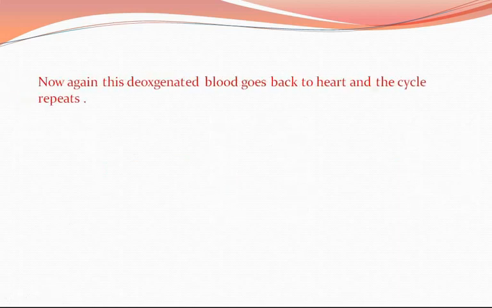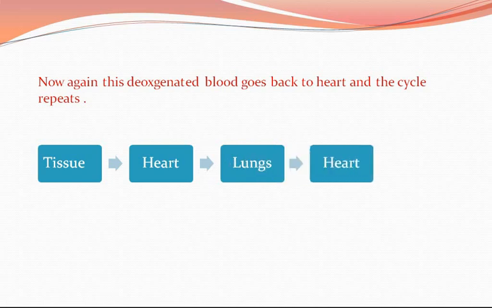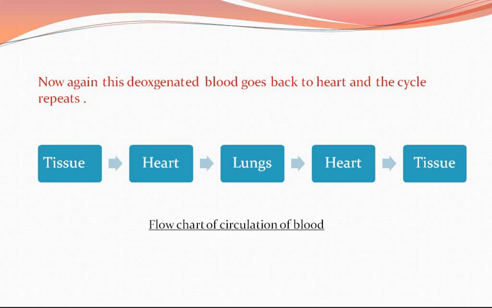After that, this deoxygenated blood goes back to the heart and the cycle repeats. The flow of blood from tissues to heart, heart to lungs and back, lungs to heart and then to the tissues is called circulation of blood.